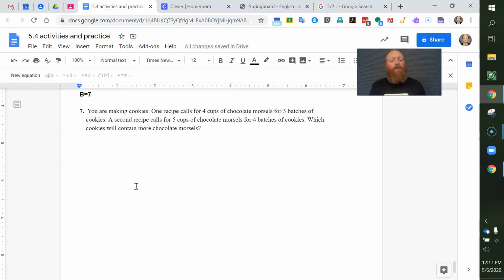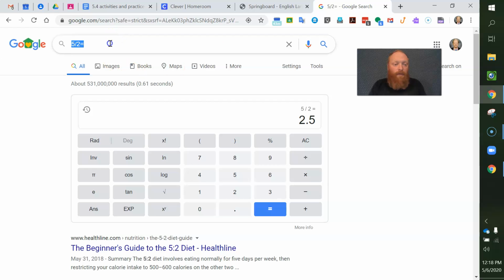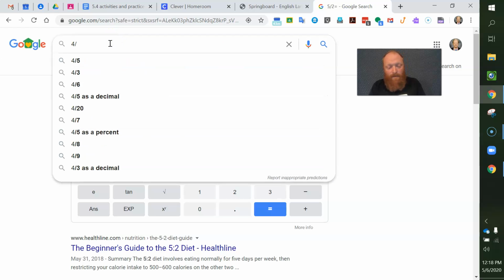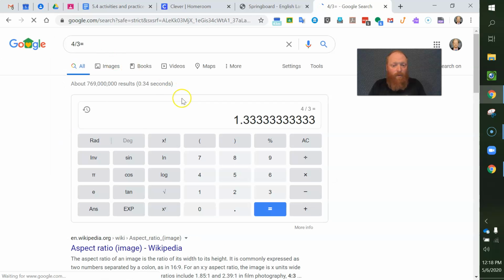You are making cookies. One recipe calls for 4 cups of chocolate morsels for 3 batches of cookies. The second recipe calls for 5 cups of chocolate morsels for 4 batches of cookies. Which cookie will contain more chocolate morsels? 4 divided by 3 is equal to, we did this already, 1.33.